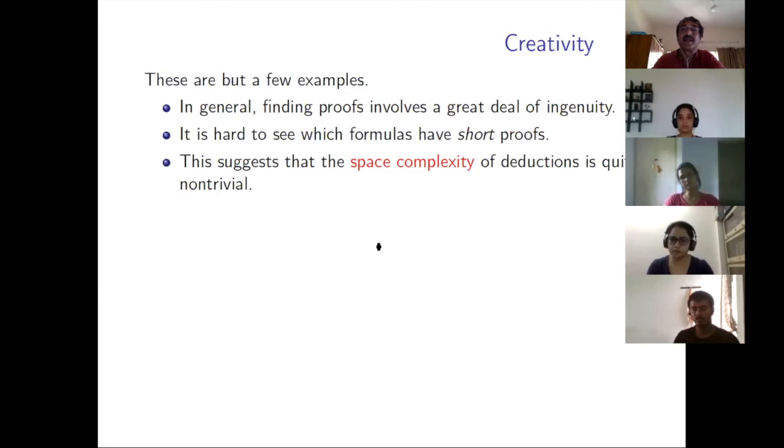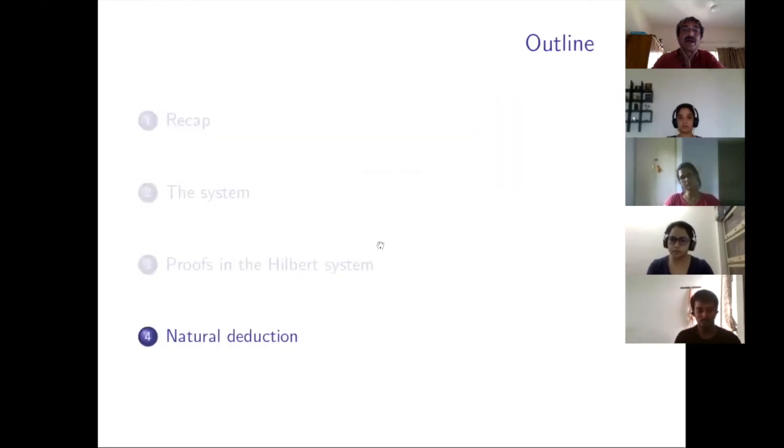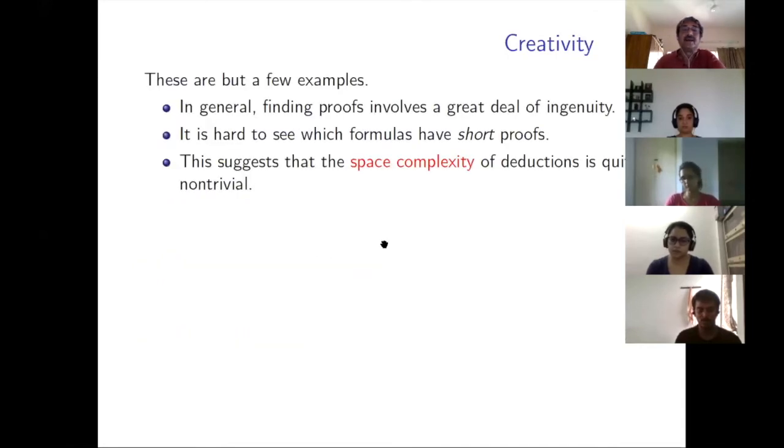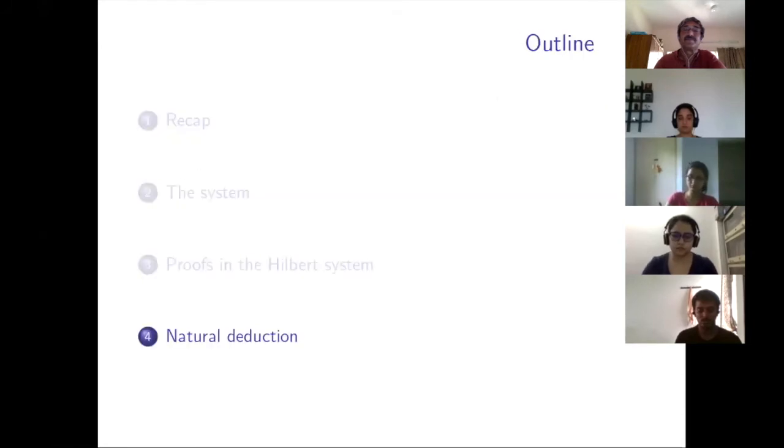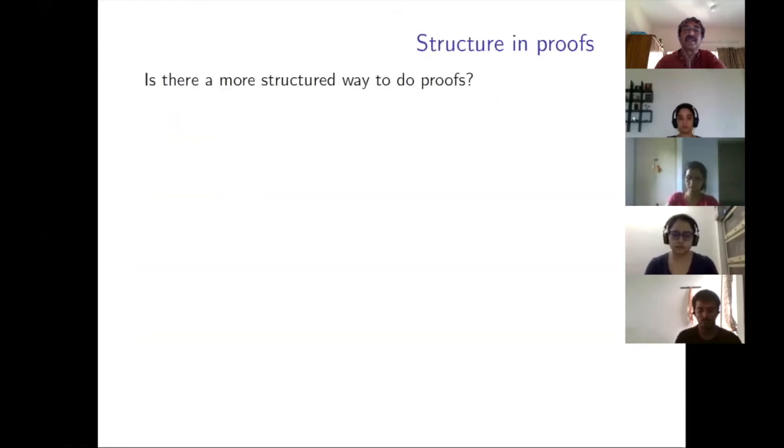Okay. So I want to move to another proof system, what is called natural deduction. And the reason is, is there a more structured way to do proofs? I mean, the way we went about it, as I said, a lot of ingenuity is involved, some creativity, which is very nice. But this is not really mechanizable if this is the way you do.